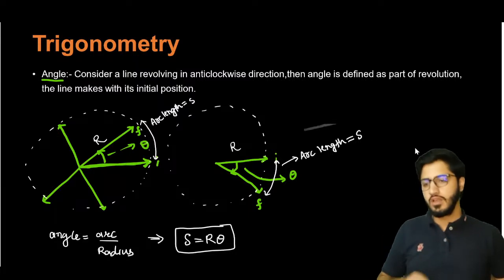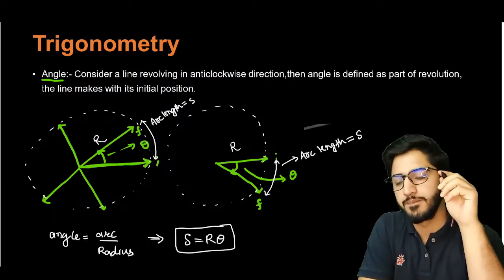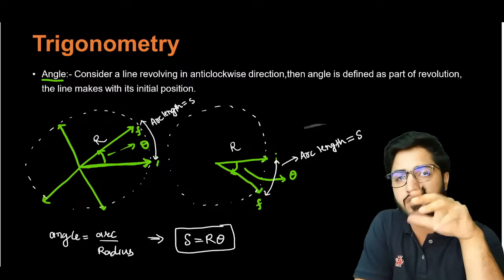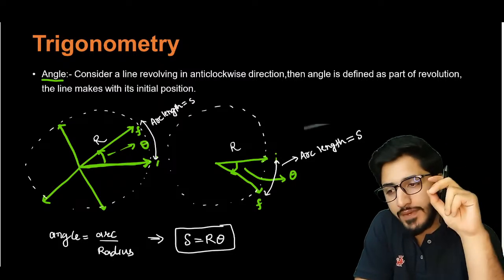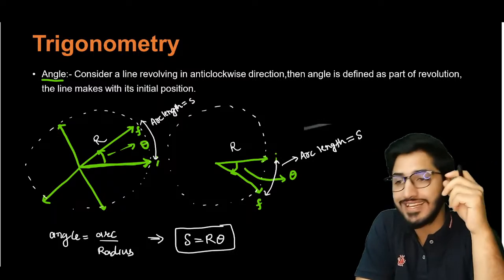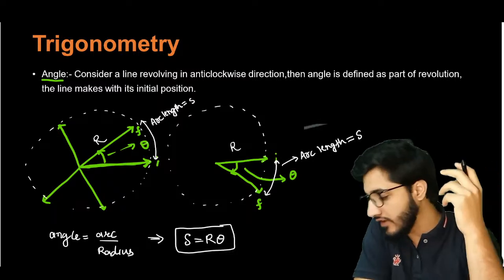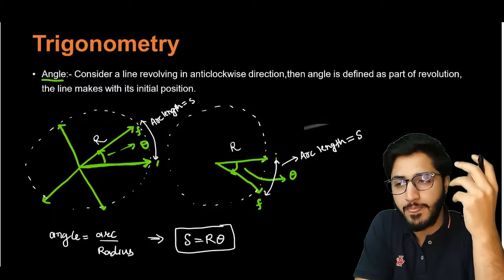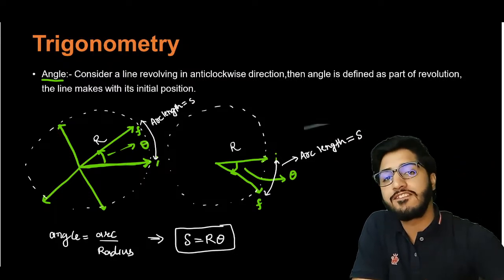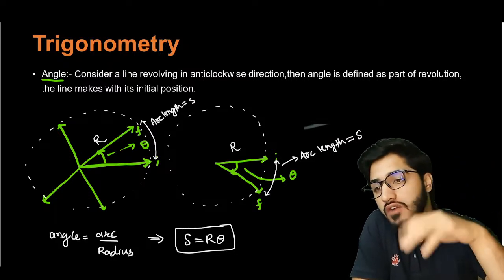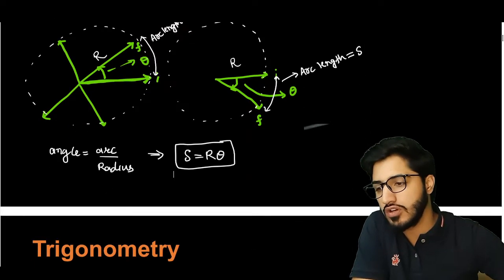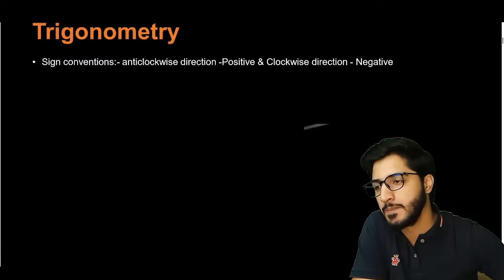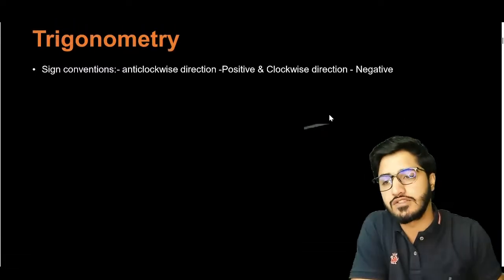Now, we are having two possibilities, right? If you look at the picture, we can rotate the line in an anti-clockwise manner, or we can rotate this line in a clockwise manner. So whether it is clockwise or anti-clockwise, we are having some sort of sign convention.